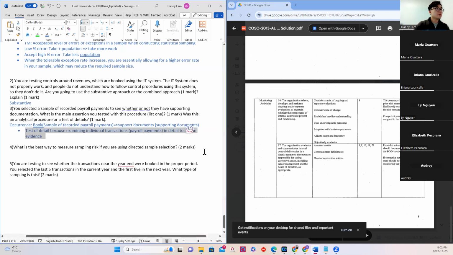Okay, good. What is the best way to measure sampling risk if you're using directed sample selection? So what is sampling risk? It's the risk that the sample isn't representative of the population.